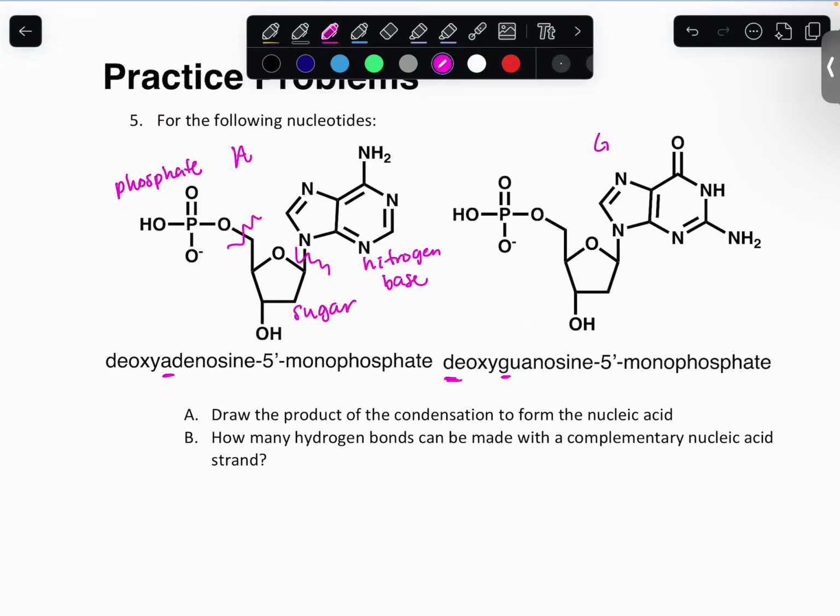So in a condensation, what byproduct are we making? Water.